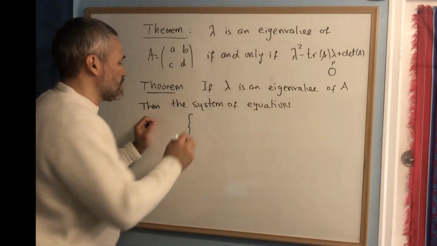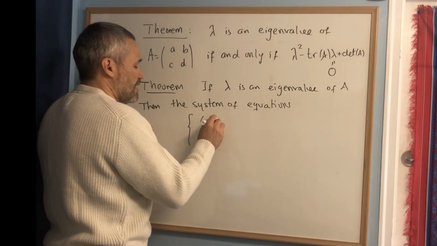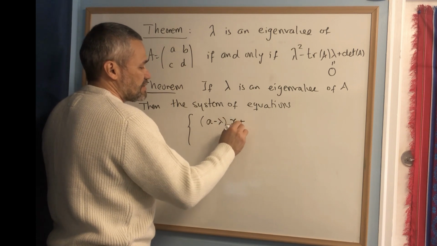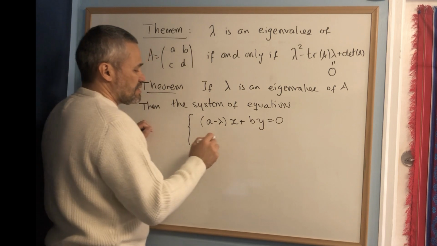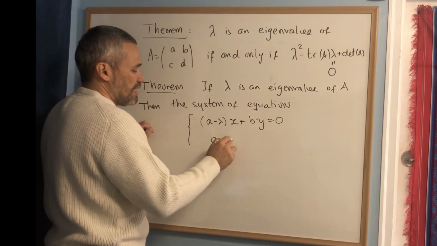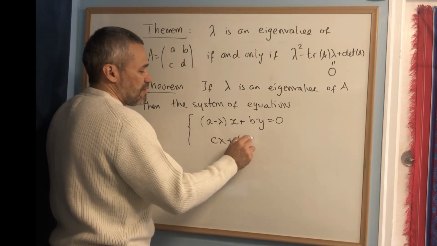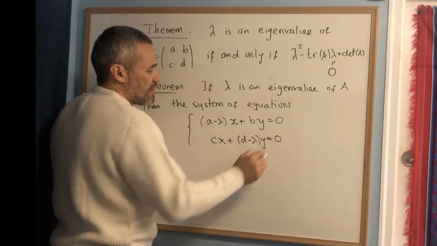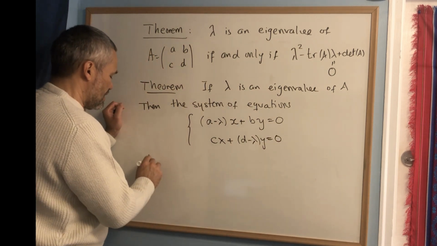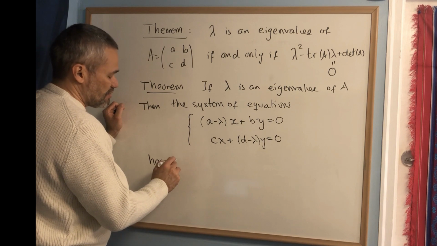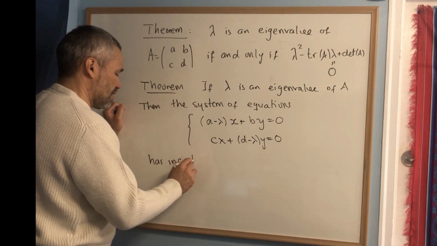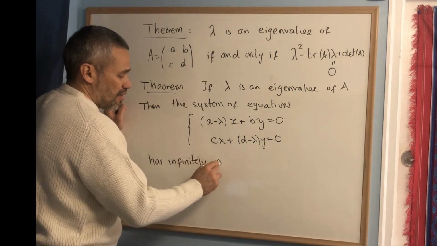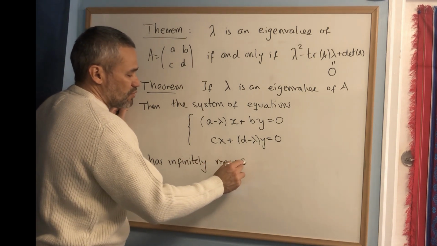The system of equations (a minus lambda) times x plus b times y equals 0, and cx plus (d minus lambda) y equals 0, has infinitely many solutions.